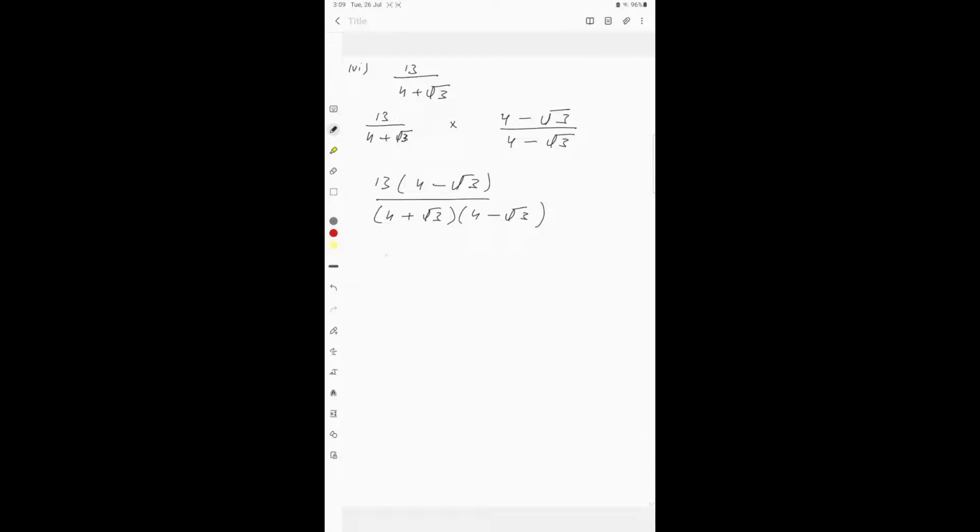You can first simplify the numerator. 13 into 4 is 52, and when this 13 gets multiplied by under root 3, this will become 13 under root 3.